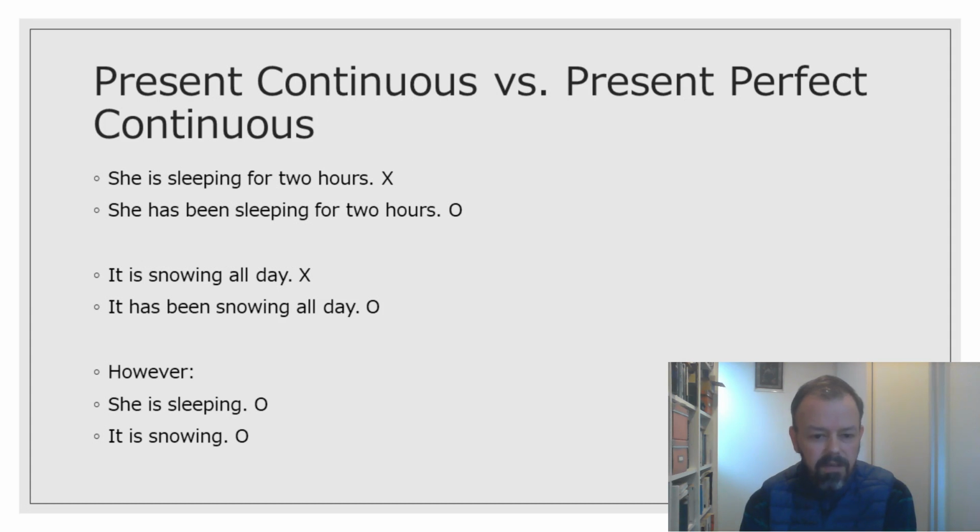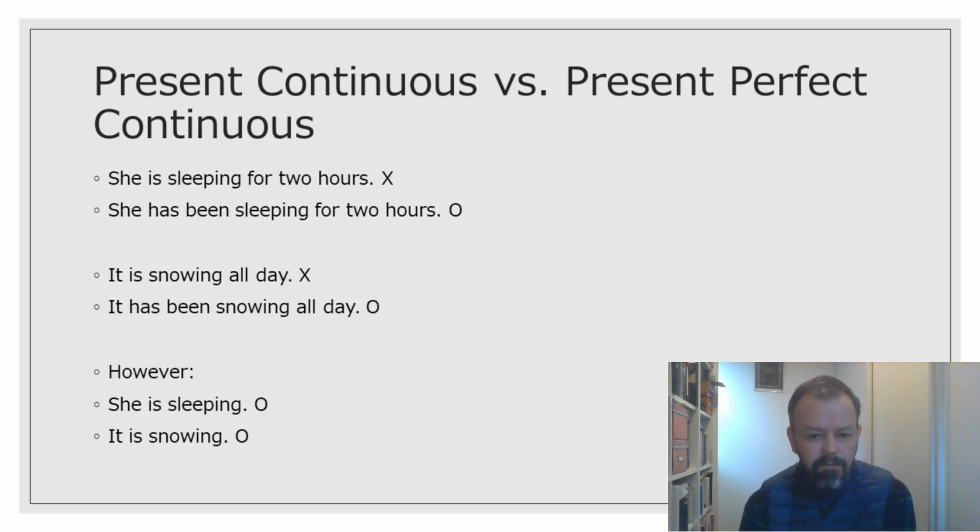Because if she is sleeping, then this is something that started in the past, because obviously she had to start sleeping in the past, and it's continuing now. She is sleeping.